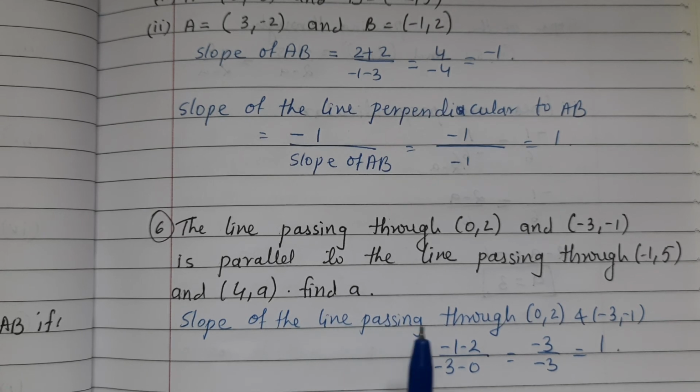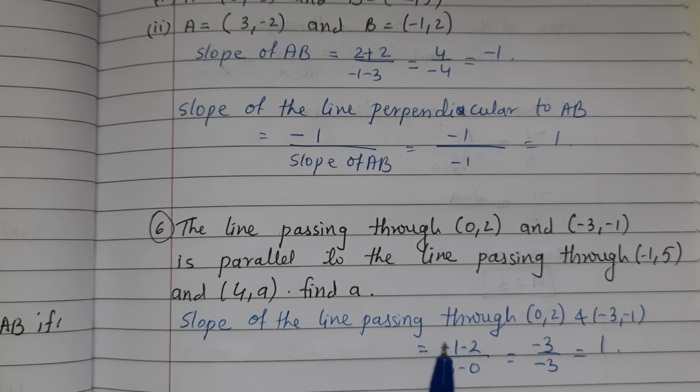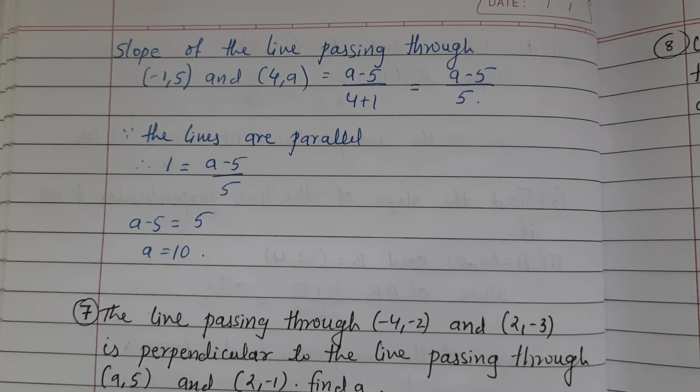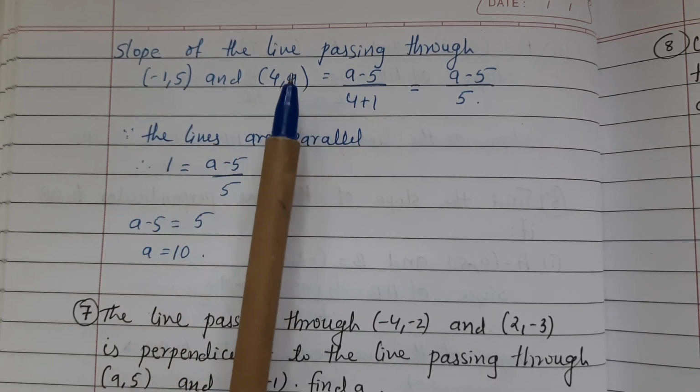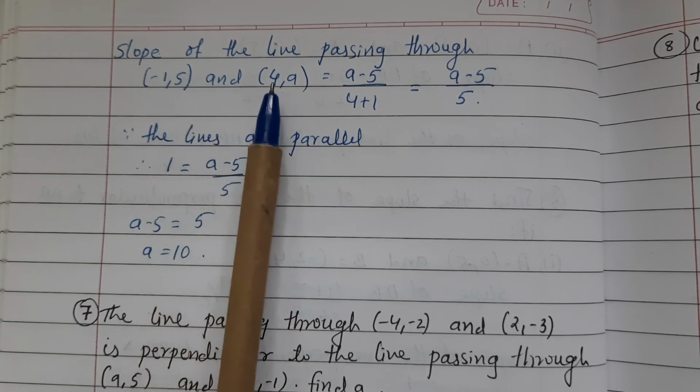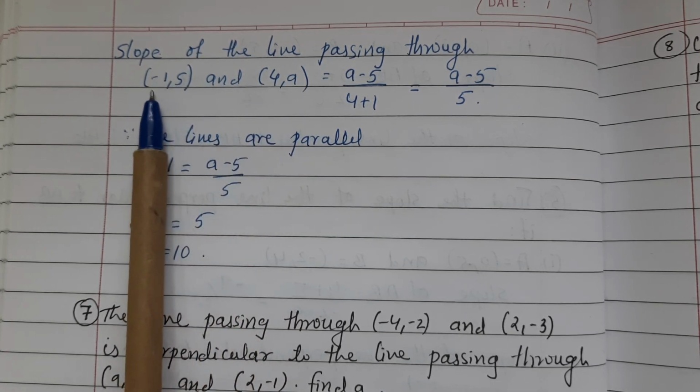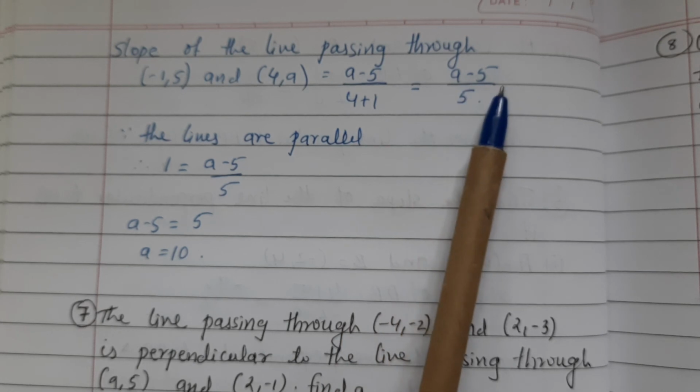Slope of the line passing through (0, 2) and (-3, -1) equals (-1 - 2) upon (-3 - 0) equals -3 upon -3 equals 1. Slope of the line passing through (-1, 5) and (4, a) equals (a - 5) upon (4 - (-1)) equals (a - 5) upon 5.